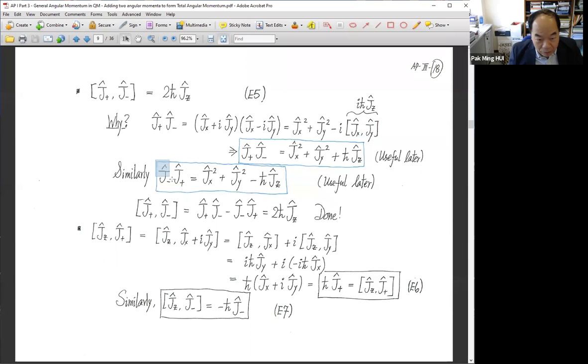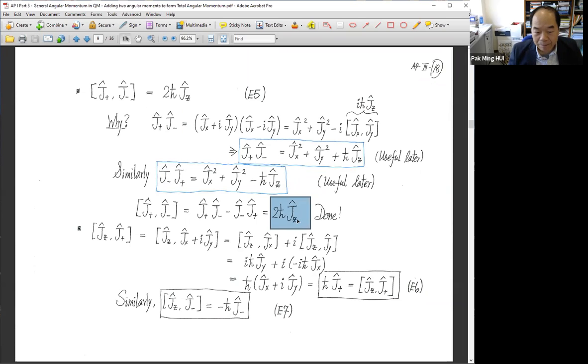Similarly, you can work out the opposite order, J minus J plus, and you will find a similar thing, but only with a minus sign here. Then the commutation relation is this minus this, and thereby the first two terms cancel, and you have this 2 h bar Jz.